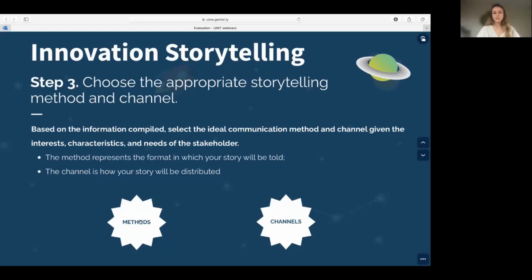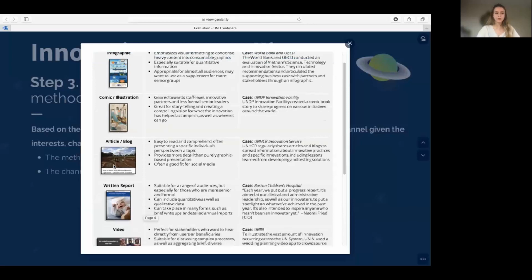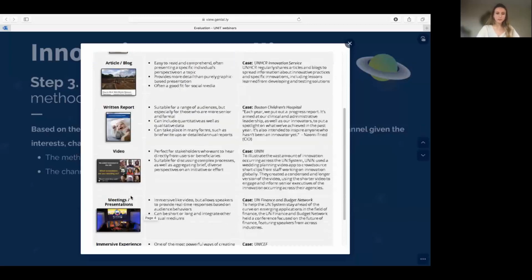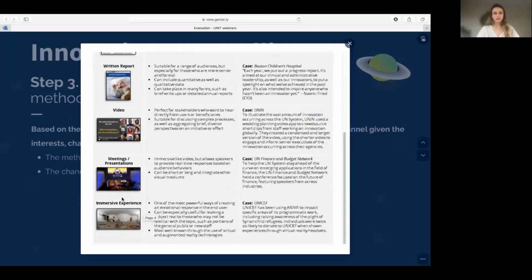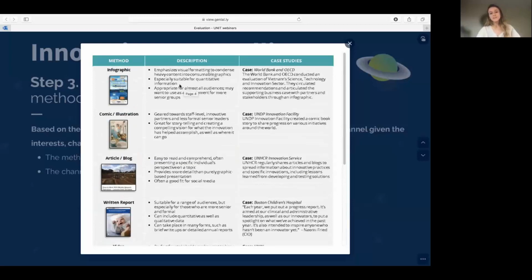Well, methods, we have several of them. Here are some examples that the tool gives you. For instance, infographics, comics, illustrations, articles or blogs, writing reports, videos, meeting presentations, immersive experiences. And here you can also have a description of the strengths of each of them and when to use them. And of course, with a case study to contextualize the use of each method.